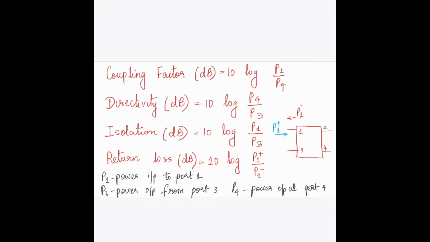It is a measure of the ratio of power levels in the primary and secondary lines. Here P1 is the power input to port 1 and P4 is the power output at port 4. If the coupling factor is known, a fraction of power measured at port 4 may be used to determine the power input at port 1.